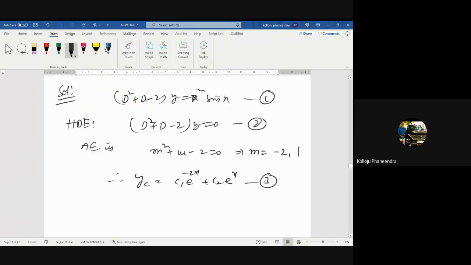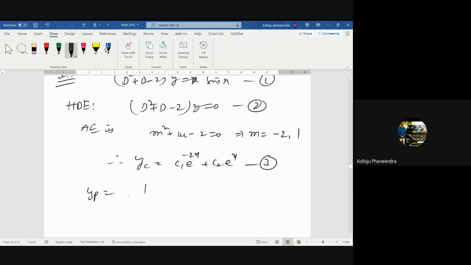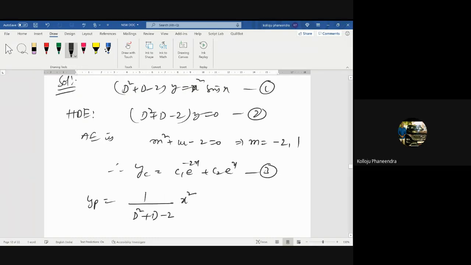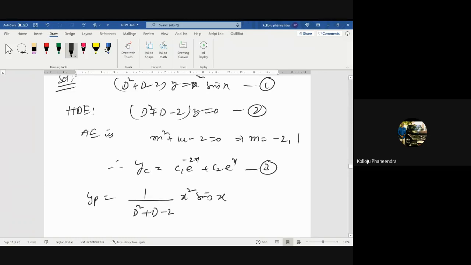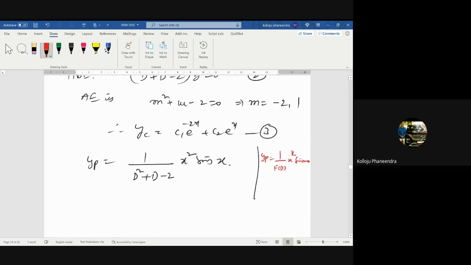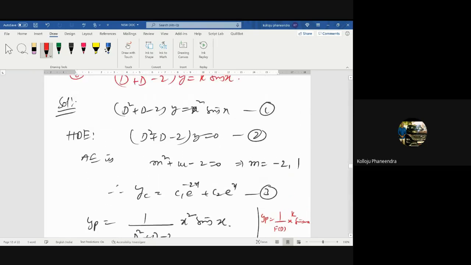Coming to yp. Yp is 1 by D square plus D minus 2 into x square into sin x. Now, what is the model? Yp equal to 1 by f of D into x power k into sin mx model. Okay, let me change.